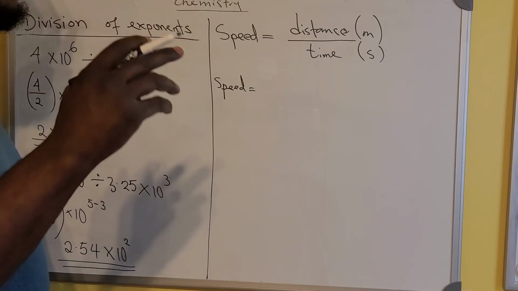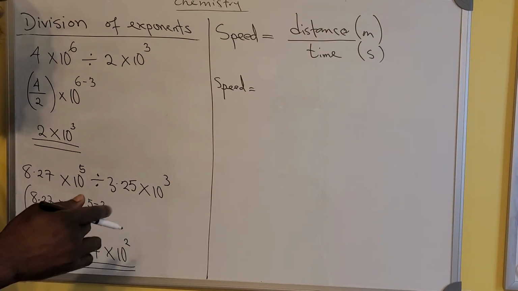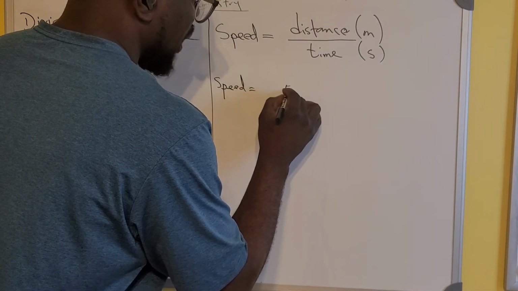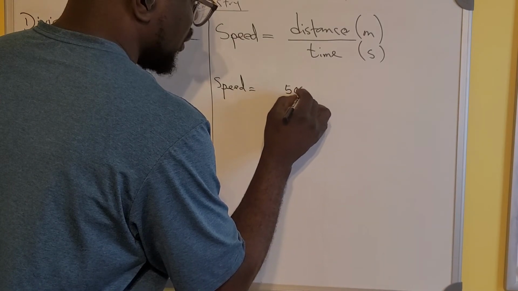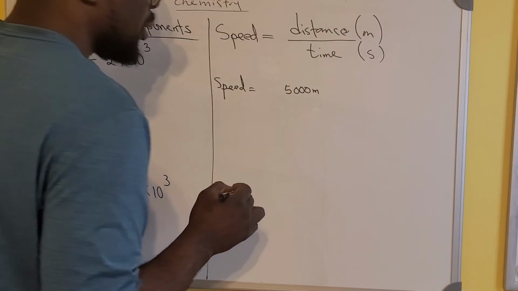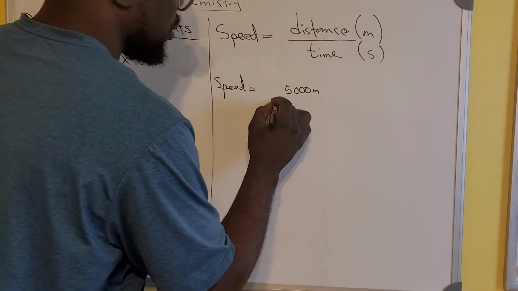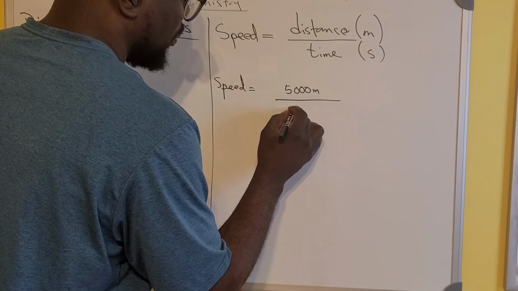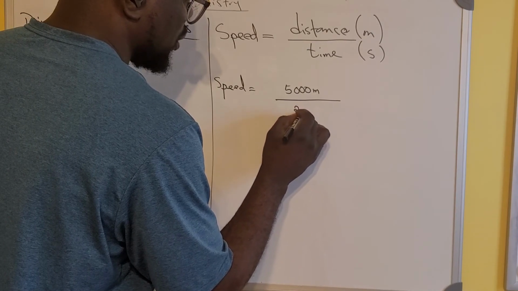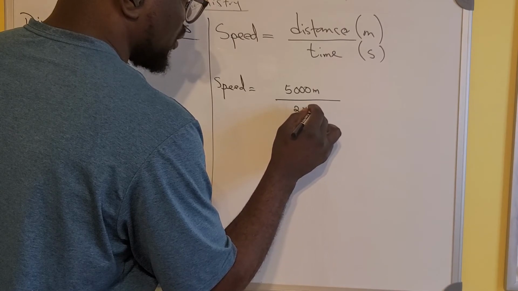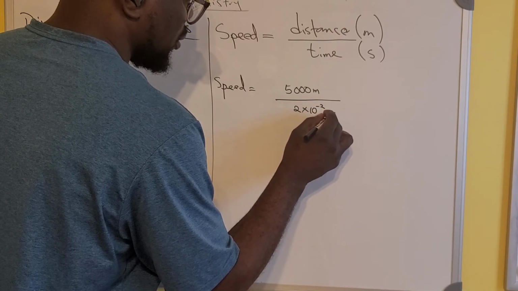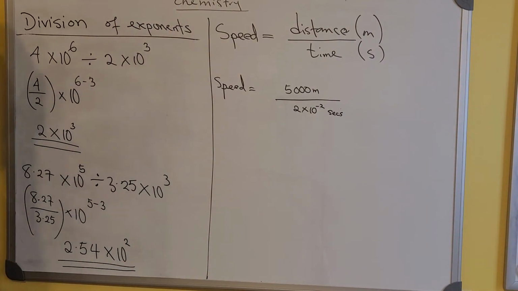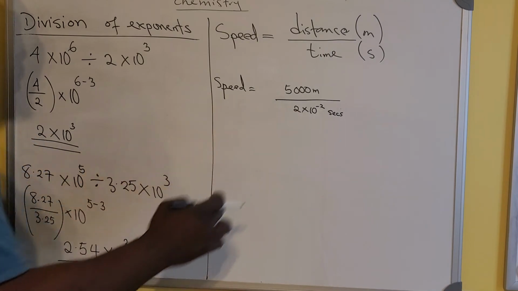So you shoot a bullet from here, and that bullet travels 5,000 meters in, say, 2 times 10 raised to the power minus 2 seconds. That's very fast. You shoot a bullet, and that bullet went 5,000 meters in this time.